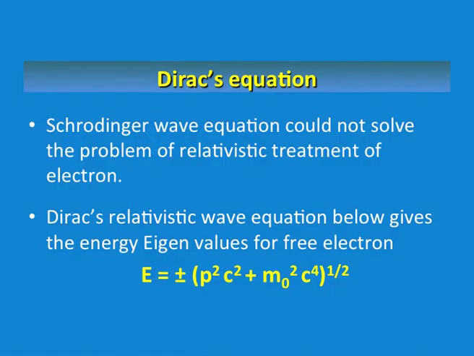Hence, another scientist, Dirac, tried to explain this with the help of an equation, E is equal to plus or minus the square root of p squared c squared plus m0 squared c to the power of 4, where E is the energy eigenvalue for a free electron.